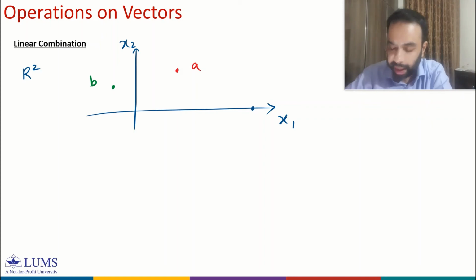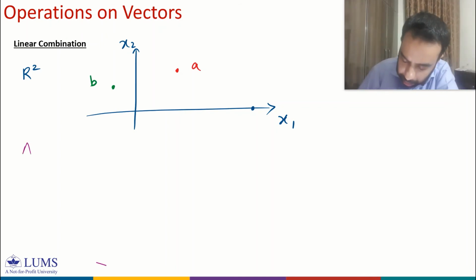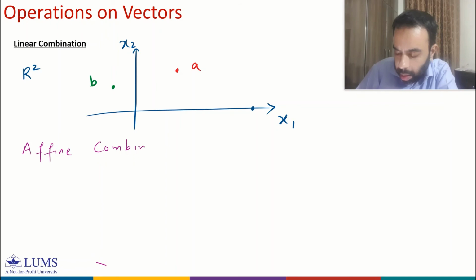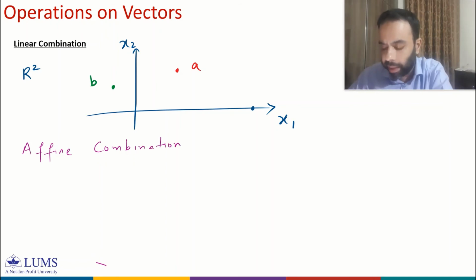What do we mean by affine combination? Let me use magenta color for affine combination. In affine combination, we require the sum of the weights to be equal to 1.